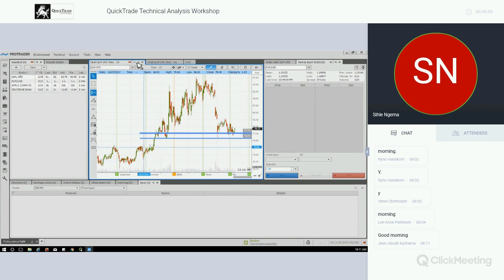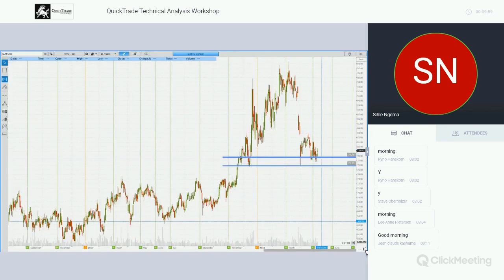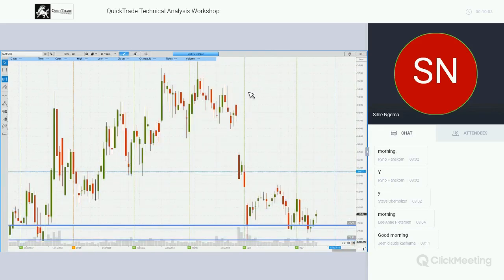After ticking all of that, looking at my chart right now, I will zoom in. I have green lines which are currently separating my chart, and I have this brown or orange line which is also separating my chart. Now, what do these lines mean?